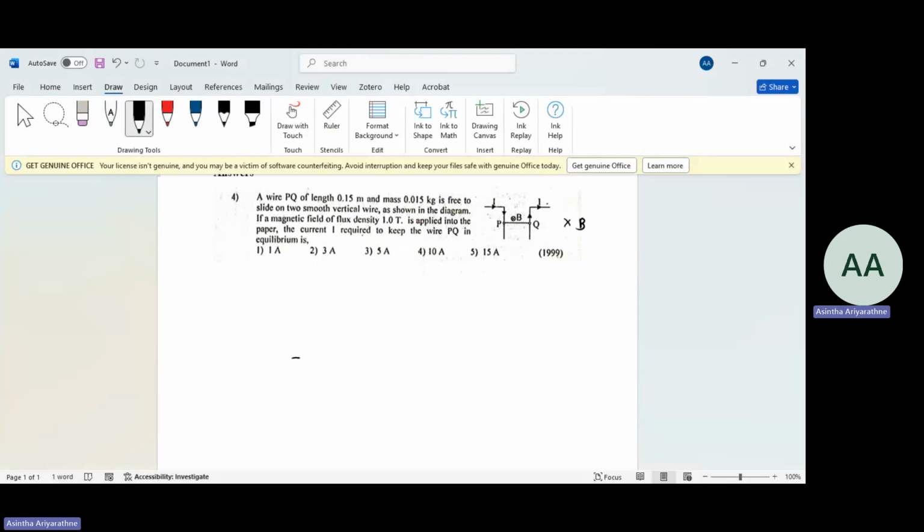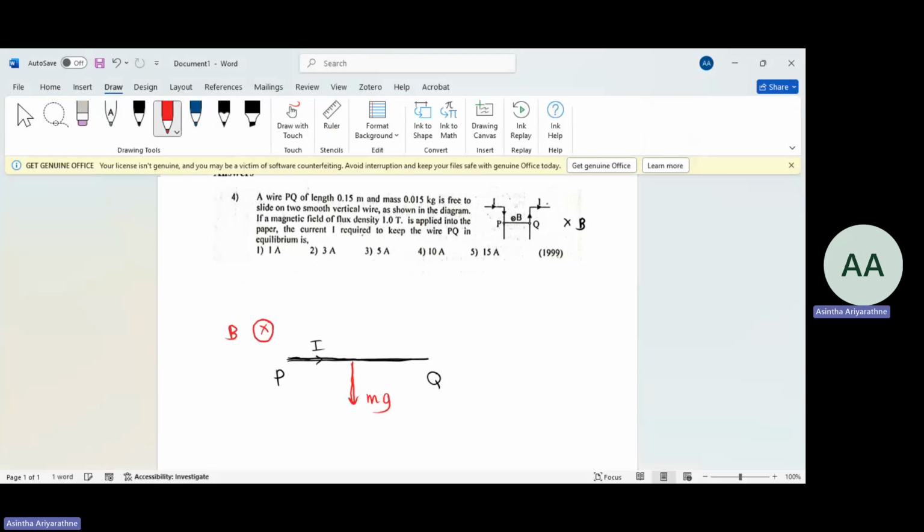Right, so now the current through the PQ wire would be towards the right. And we know the weight acts downward, mg. The magnetic field is into the whiteboard.